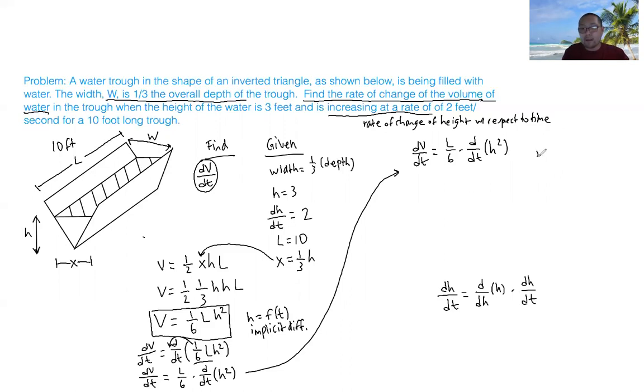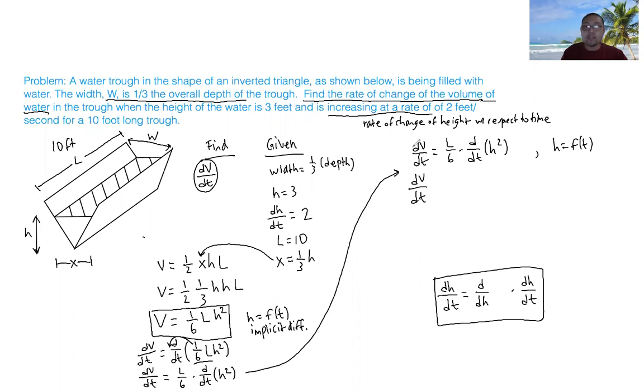We said that h is a function of time, so we have to use the chain rule. And so we're going to use this definition down here. We're going to split up our dh dt as follows.